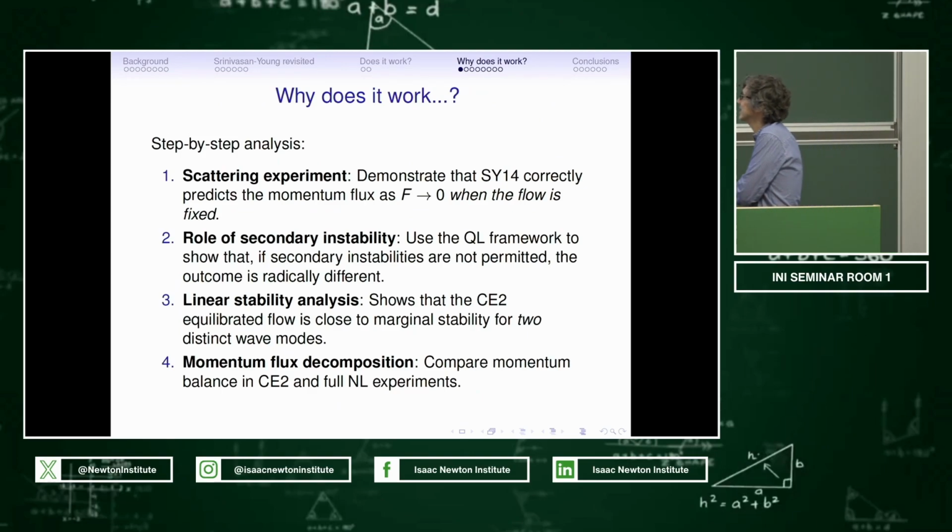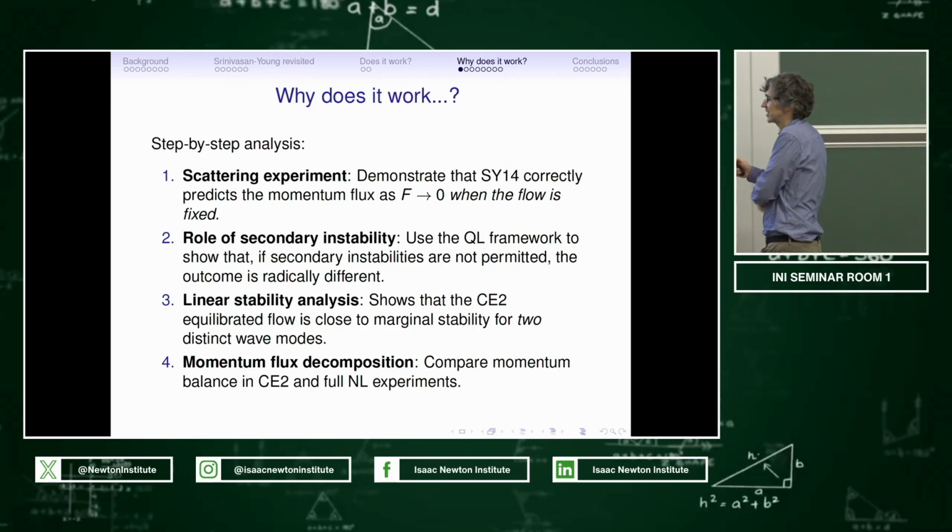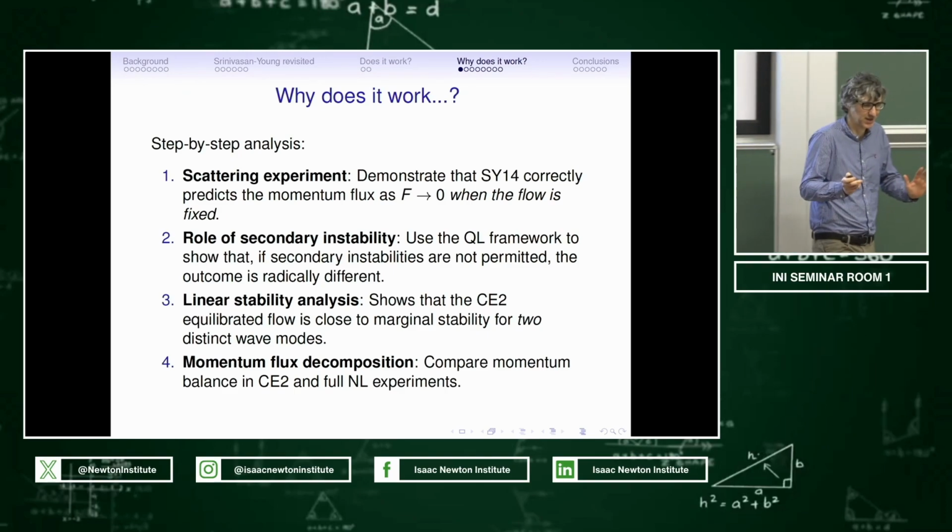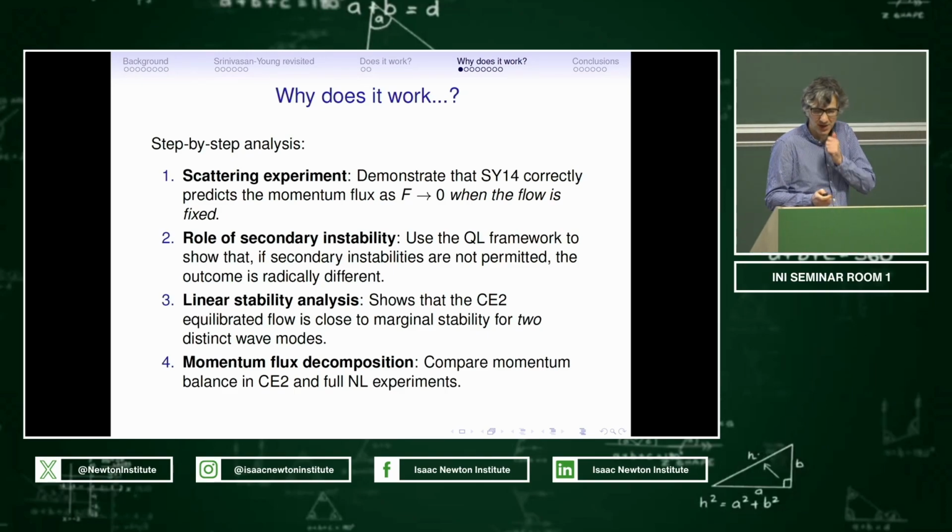So why did our parameterization work, or at least work in the setup that we chose for it? We're going to describe maybe 4 steps of analysis that we took.